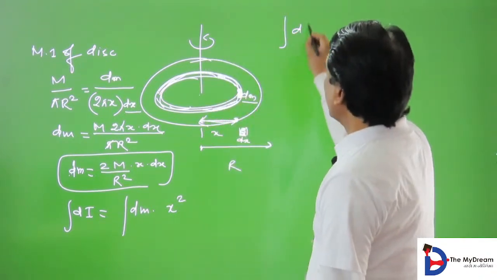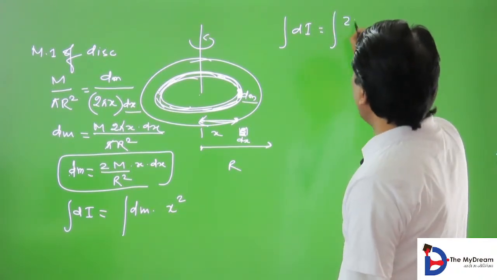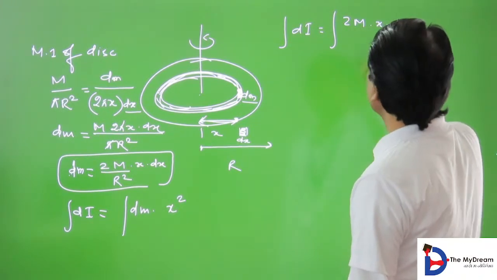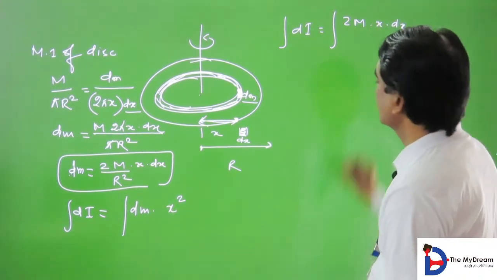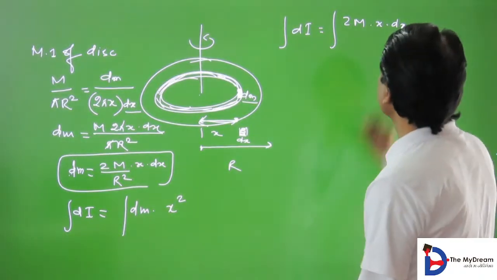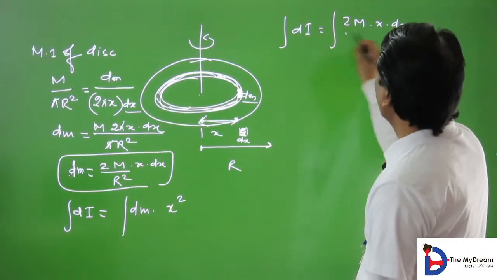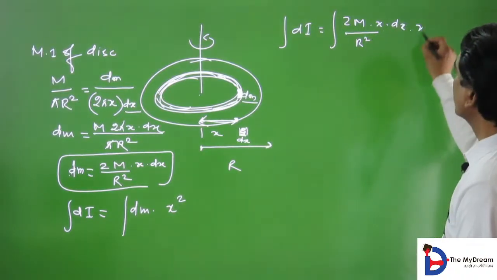So delta I is 2M x dx upon R squared into x squared.